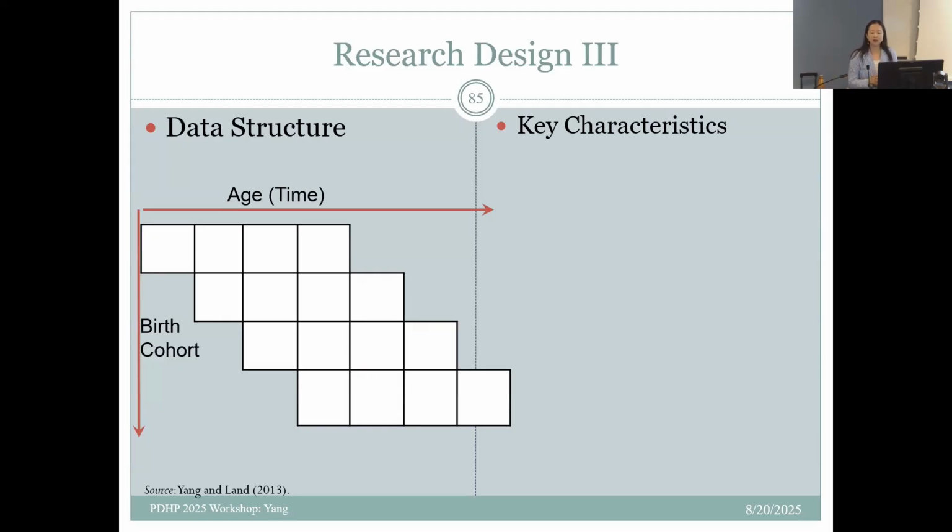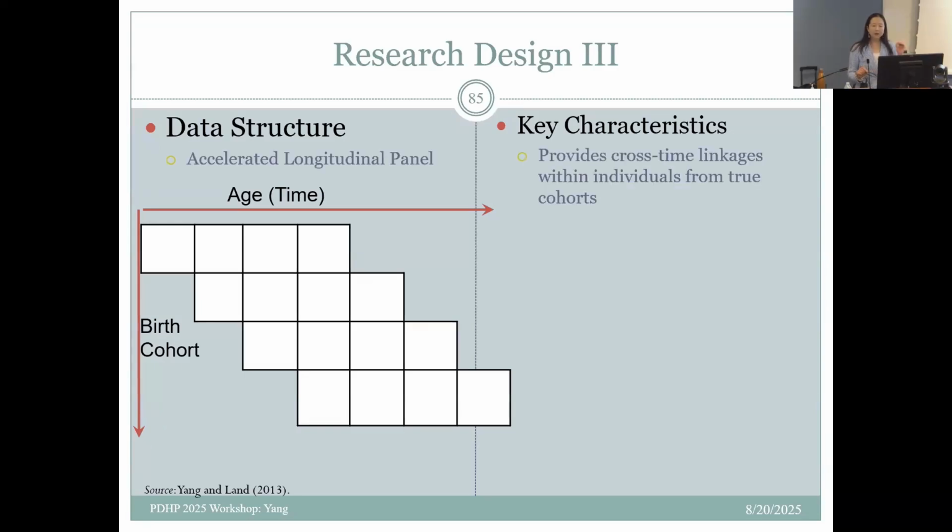And this is an important advance in aging and cohort research, because the name comes from the fact that it allows a more rapid accumulation of information on age for multiple cohorts than does a single longitudinal cohort design, and hence accelerated. So this shows an example of this data structure that follows 4 birth cohorts, 1, 2, 3, 4, forward in time in 4 waves, 1, 2, 3, 4.